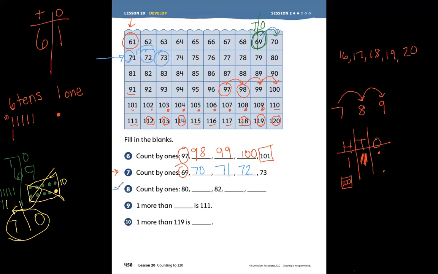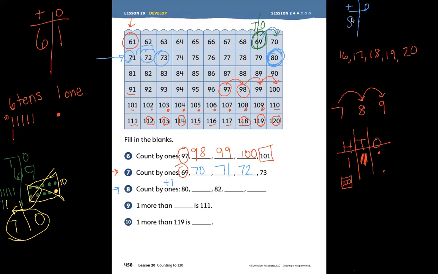Problem number 8 says count by ones. Remember, when we count by ones, we are only adding 1 one to the number we already have. If we are at the number 80, here's the number 80. On your place value board, draw your tens and your ones on your whiteboard.